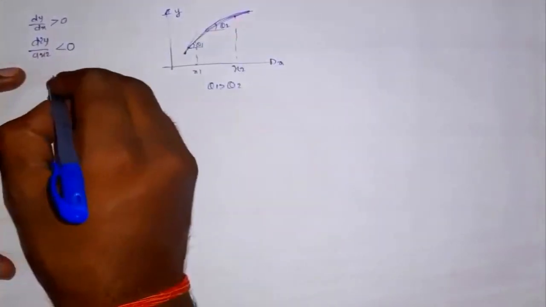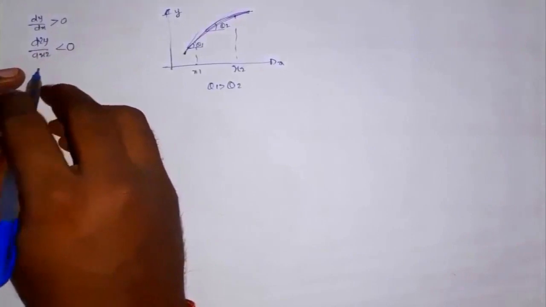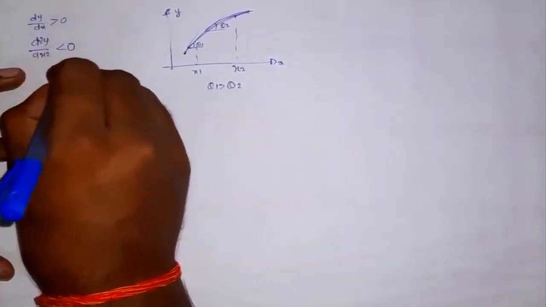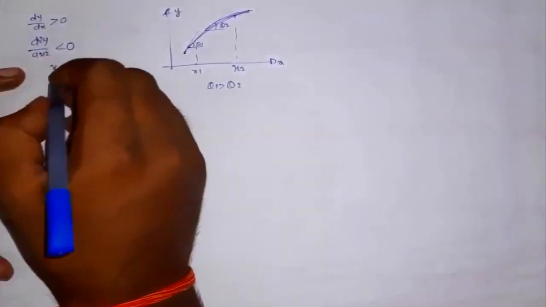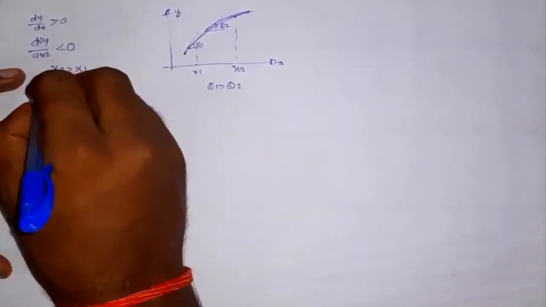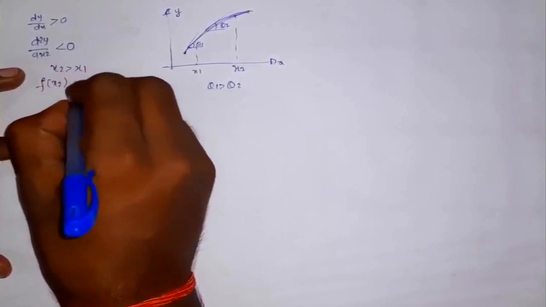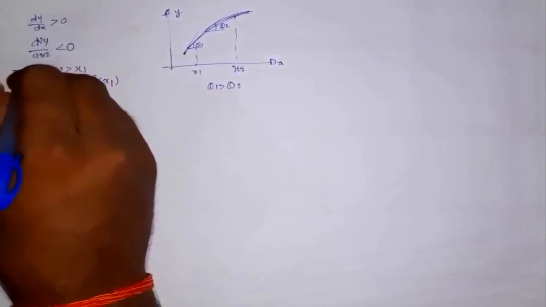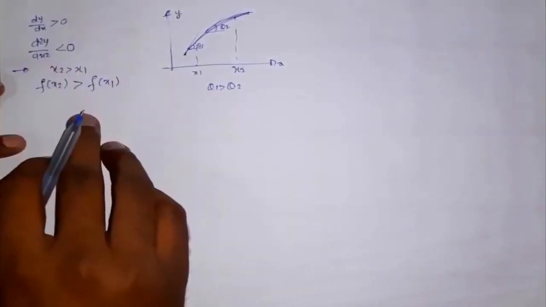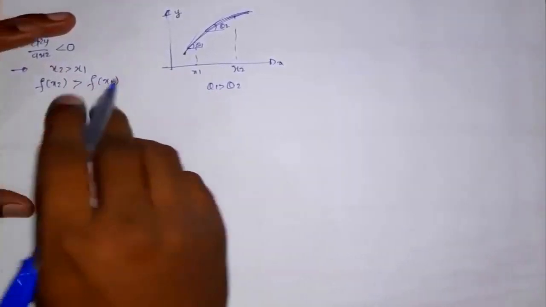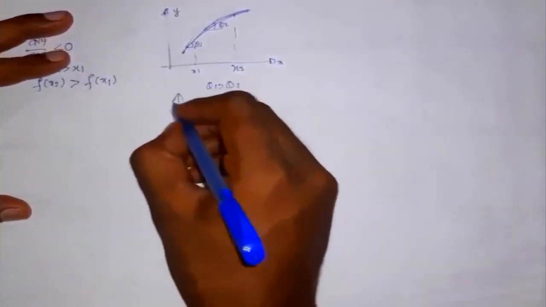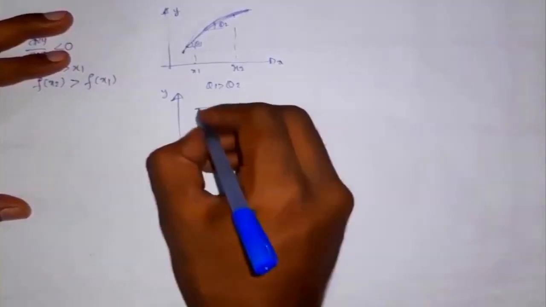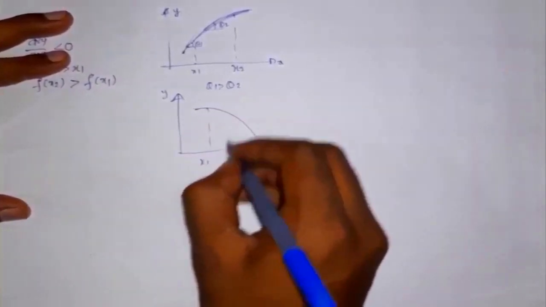Okay, that means we can say this is maxima. One more thing I would like to tell you as far as the increasing function is concerned, that if x2 is greater than x1, then if the function is increasing, f(x2) should be greater than f(x1). Okay, this is the note that you should understand as far as the increasing function is concerned. Okay, for the decreasing function like this, y, x, this is a decreasing function, this is x1, this is x2.